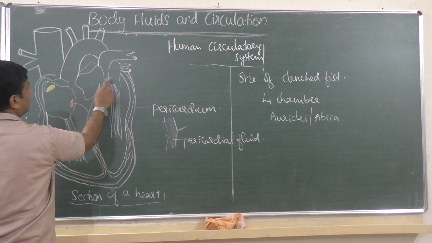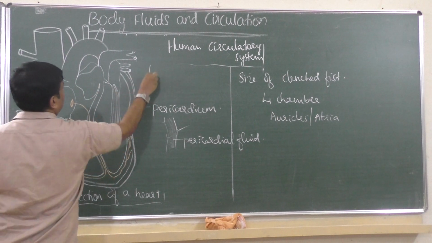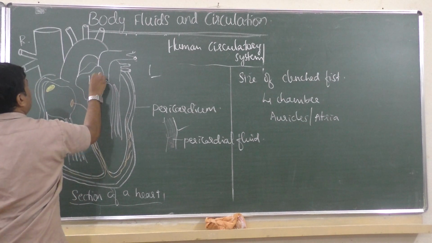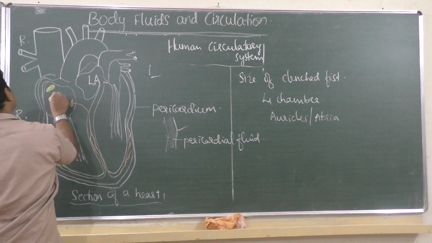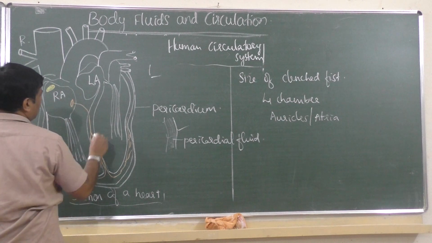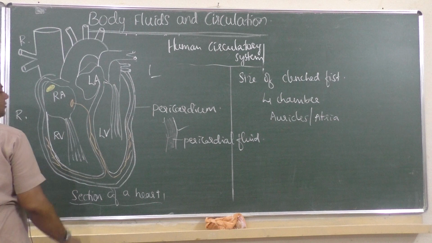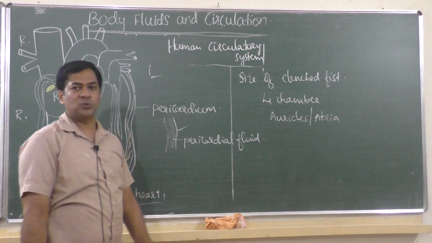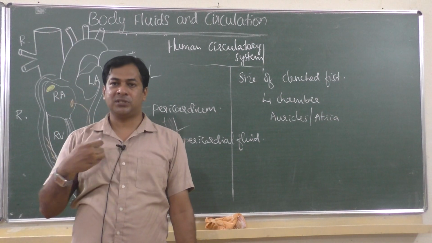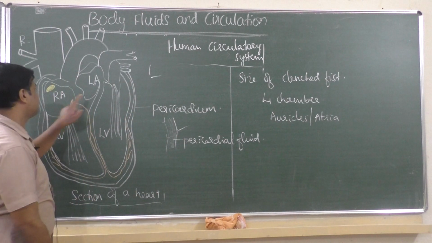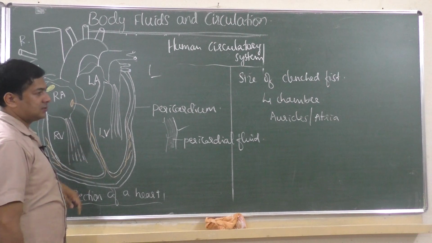This is the left part of the heart, this is the right part. So this will be the left auricle, this is the right auricle, this is the left ventricle and this is the right ventricle. Here 2 auricles, 2 ventricles.